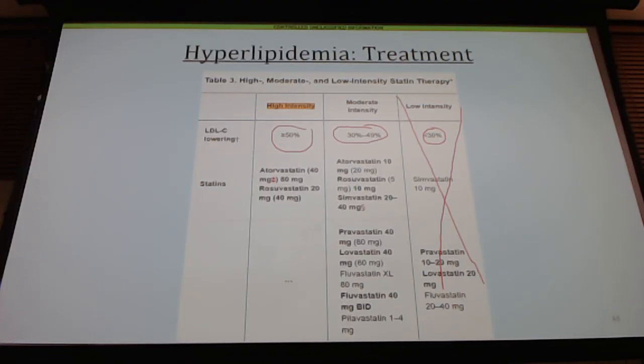And this is based off of studies that were done on those medications, where they had the pre-therapeutic levels of LDL, they were put on it for 3 months, 6 months, whatever, and then they rechecked just to see how low the LDL dropped. So if you have somebody who is on a high intensity statin, I expect that their cholesterol levels are going to drop at least 50%.